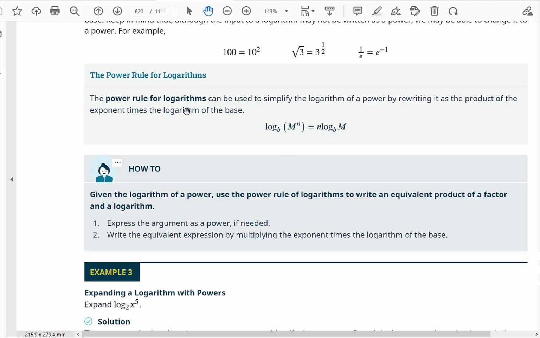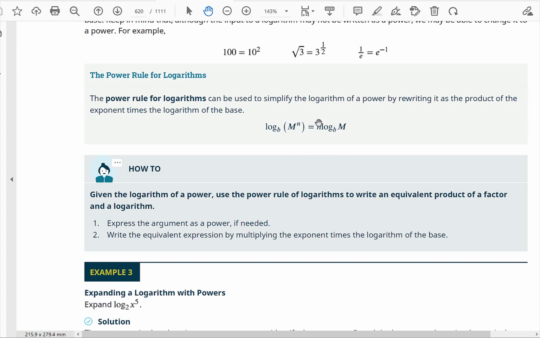The power rule says for logarithms that log of m to the n is equal to n log of m. It means you have here the log function, and here is the argument. You want to calculate the log of m to the n. Instead of using m to the n, you use only n times the log of m.